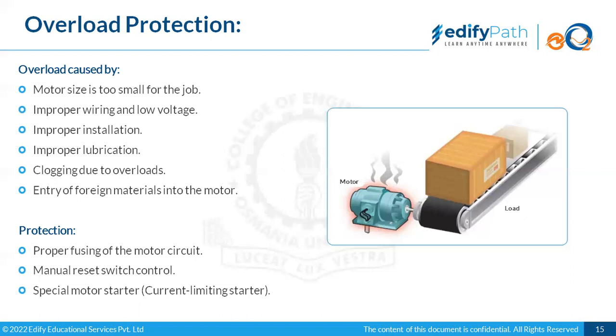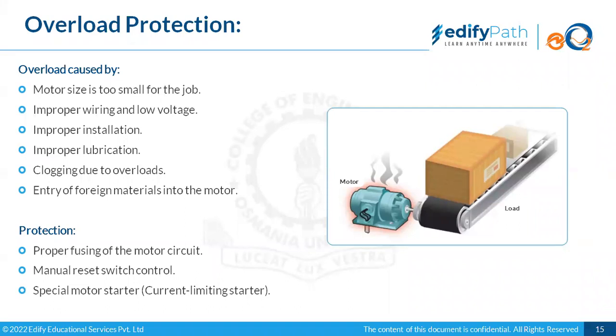Improper winding and low voltage. Even if the winding of the motor is not proper, it affects the motor. And if we have a fluctuating voltage, or the input voltage is lower than the rated voltage, it would also be drawing more current. At the end of the day, overcurrent causes a lot of issues.